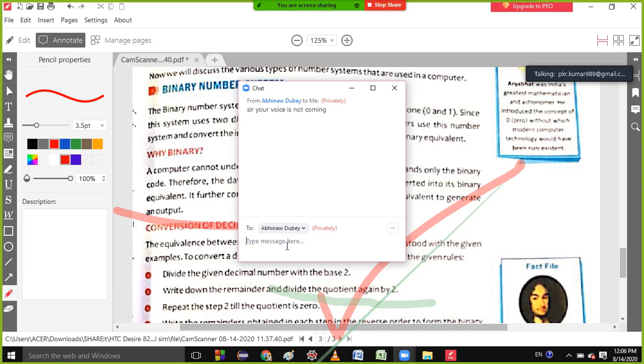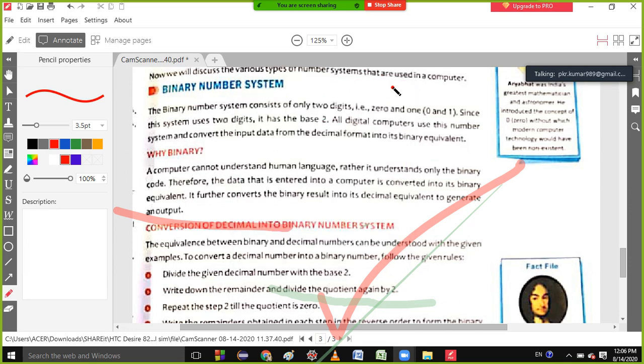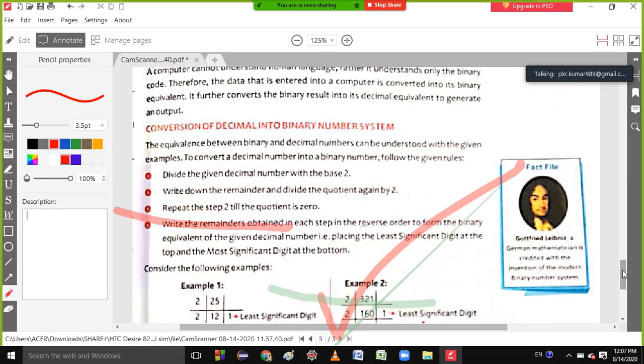Okay, you will get the video also. So students, what are the binary numbers? The numbers which are made by two digits, 0 and 1, are called binary numbers. If you see any number like 1 0 0 1 1 0, you can easily say that this is a binary number. So what is the base of a binary number?